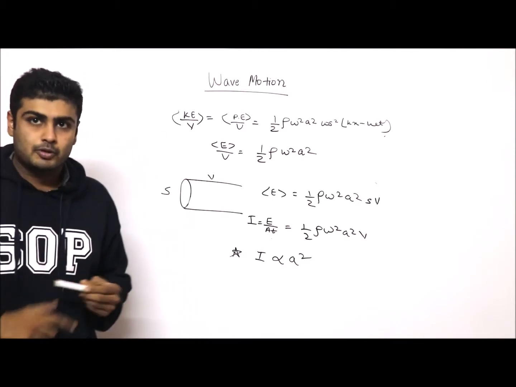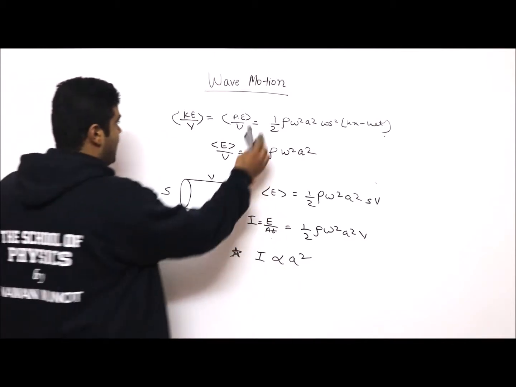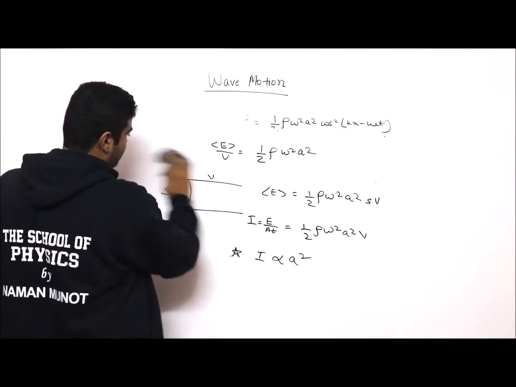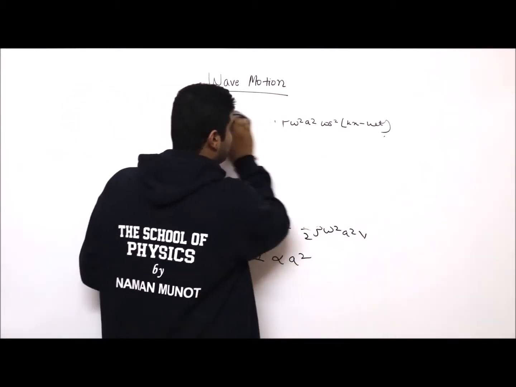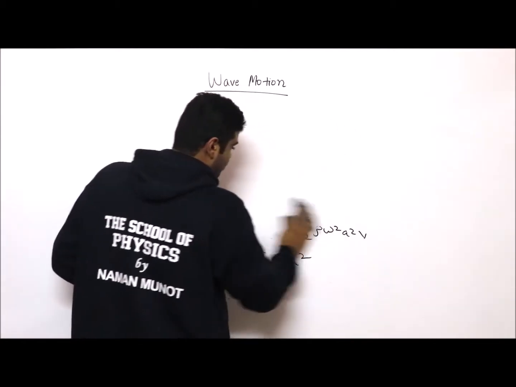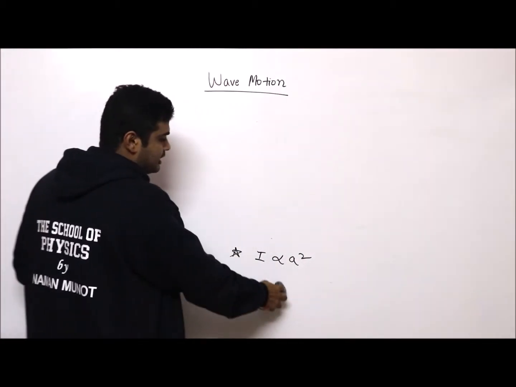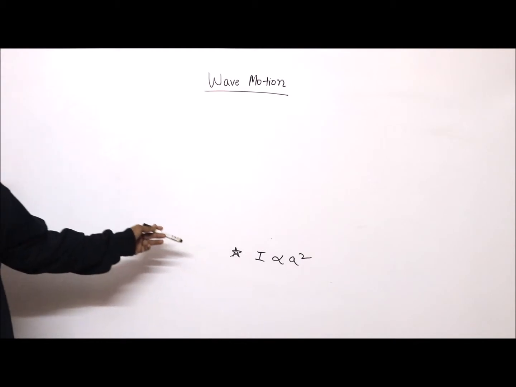Now we talk about superposition. Suppose we have two sine wave equations, and we superimpose both of them. We have studied this result in SHM as well, but I'm not deleting this, because we are going to use this result.